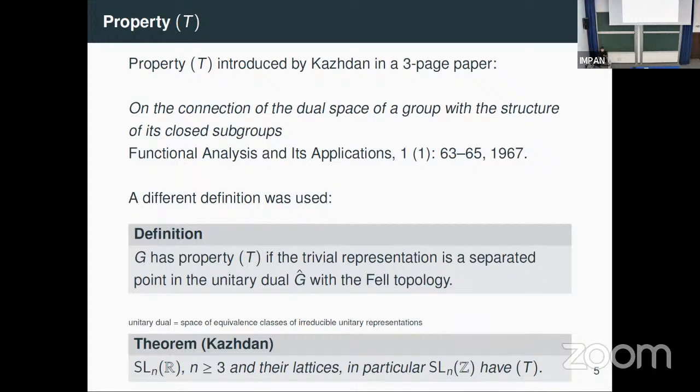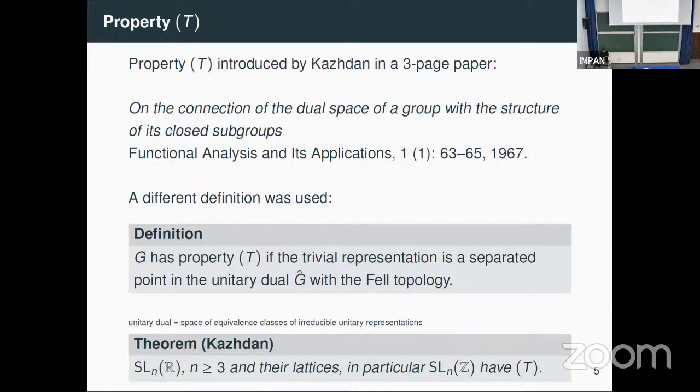He gave the first example, and he proved that SL_n(R), and in particular lattices in SL_n(R), so SL_n(Z), and in general higher rank lattices and higher rank Lie groups, so here for n greater or equal than 3, have property T. So starting from SL_3, these groups have property T.